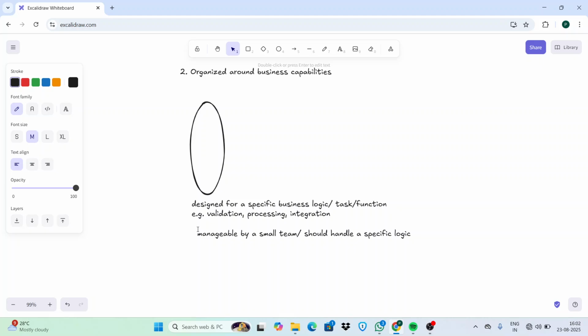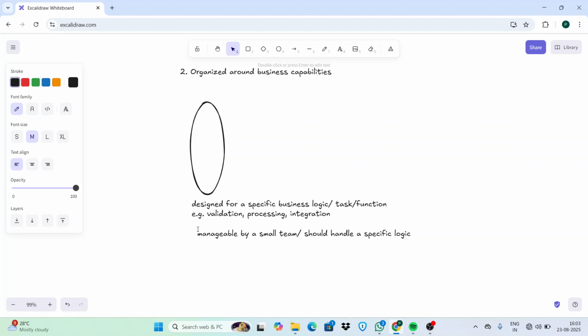So the second principle says that each microservice should be designed to handle some specific logic or specific business task. Don't split the system or the team based on the technology, that is front end team, back end team, UI team.